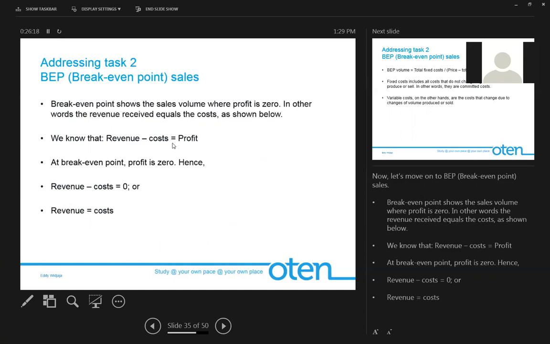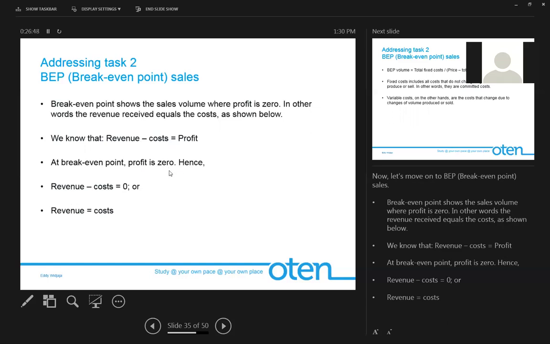Simple. If you're doing a small business, let's say you are selling a pencil at $10, and you bought that pencil at $6. You're making $10 minus $6, so you're making $4 profit. Same thing in here, same principle.